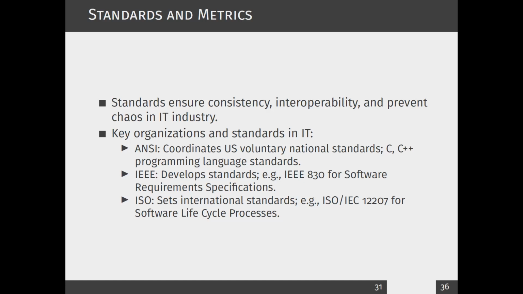So some key organizations and standards: ANSI usually coordinates the US voluntary national standards, and then IEEE, again, develops standards. Some examples are given here: IEEE 830 for software requirement specification, and ISO, again international standards, ISO IEC 12207 for software lifecycle processes.